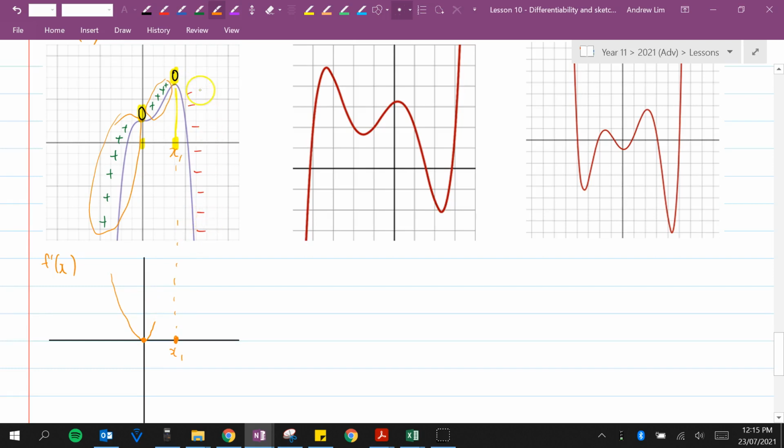This part here tells us it's below the x-axis, so it's going to come down. To the right of x1, it's going to be below the x-axis. So how do we finish this off? Well, I'm just going to make it come back down, and that's it.